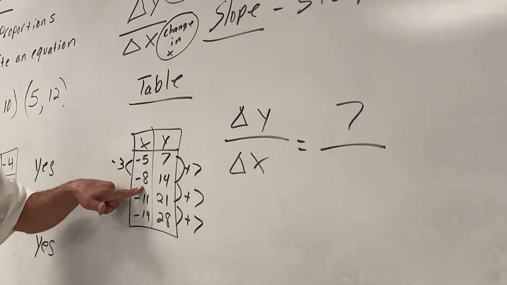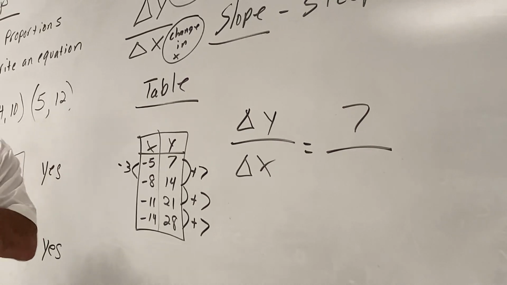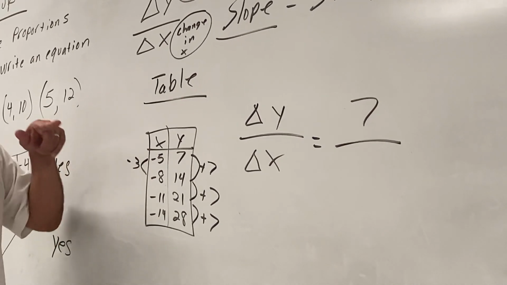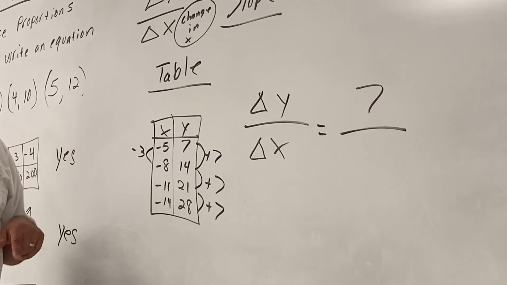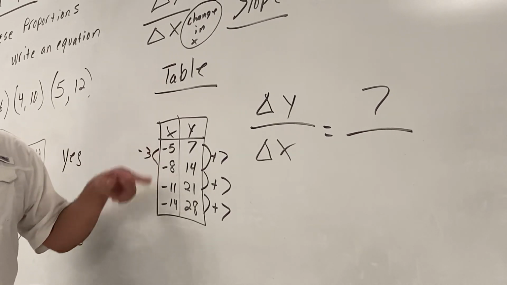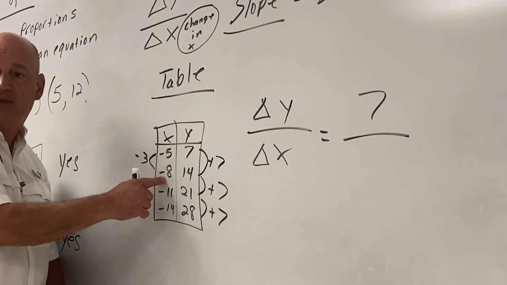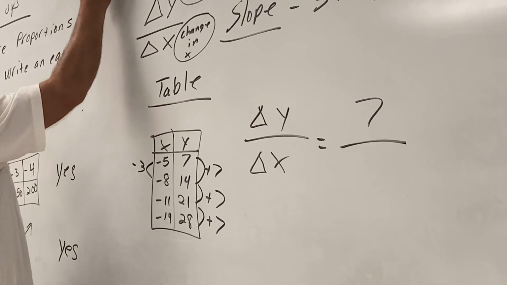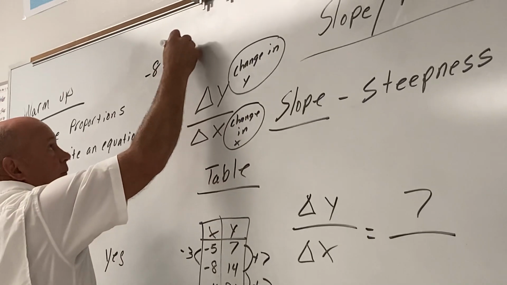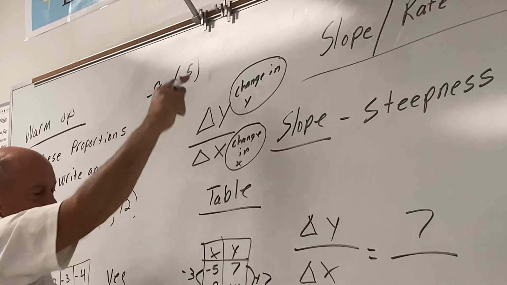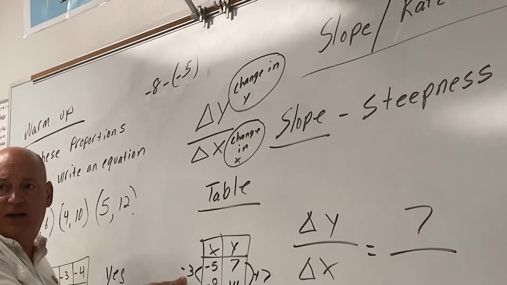And then hit minus, then the top number, negative 5. Hit enter, and the calculator will tell you how much they change. But you've got to type in the second number first, minus the first. Here's what you need to type into the calculator: negative 8 minus negative 5, and the calculator should give you that number on your screen.